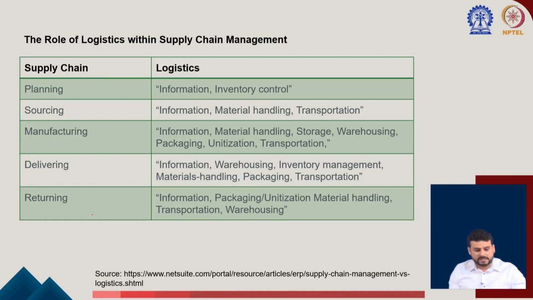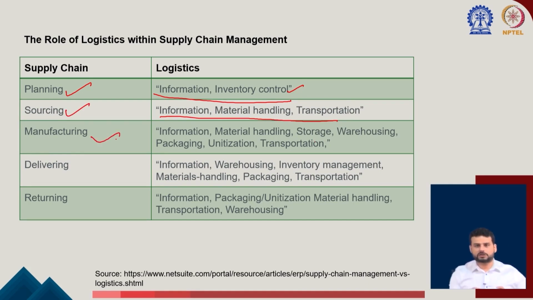So the role of logistics within supply chain: if we are talking about planning, how logistics will play a role, we need to plan information, and that information will be provided by the logistics network. And then inventory controlling, how much inventory we will maintain. If we are talking about sourcing, then information, material handling and transportation are the major parts.